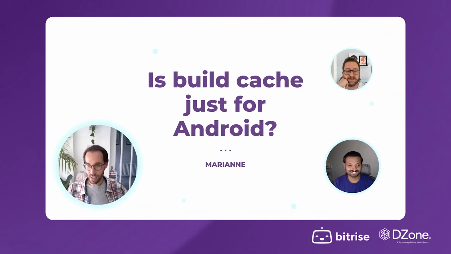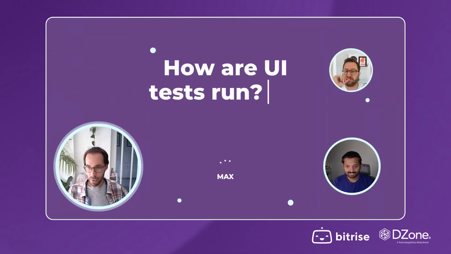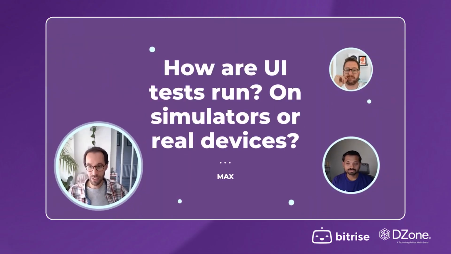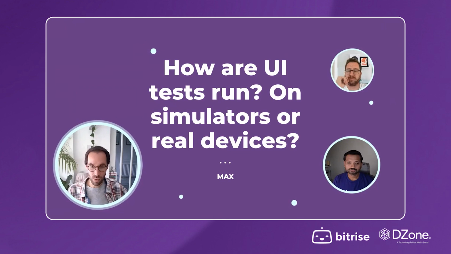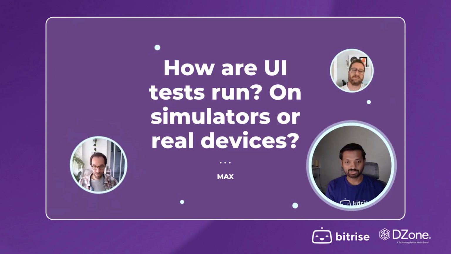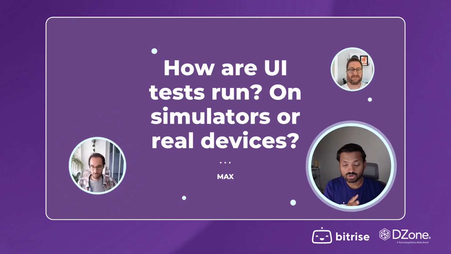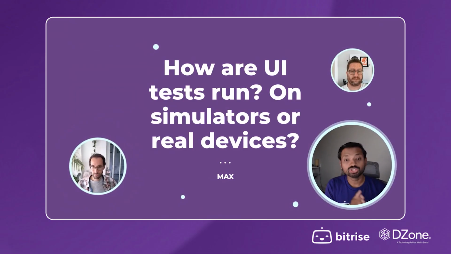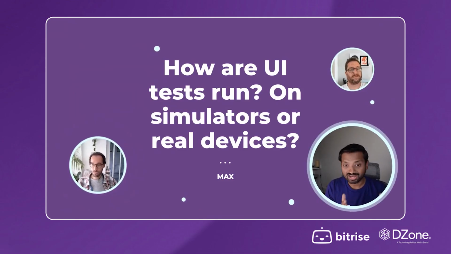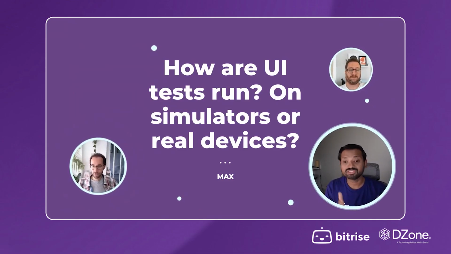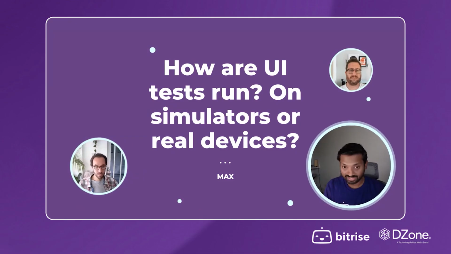Brilliant, thank you. All right, another one now, this time from Max, who is asking, how are the UI tests run? Are they on simulators or real devices? Oh, fantastic question. Thank you, Max. In the example I showed with the DuckDuckGo, I ran the tests on simulators on Bitrise. You can also use the Firebase test devices step. You don't have to have an account within Bitrise.